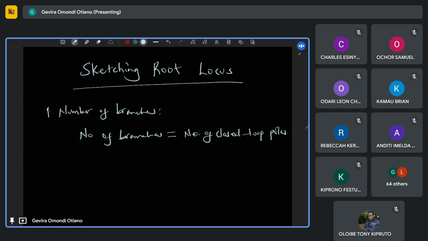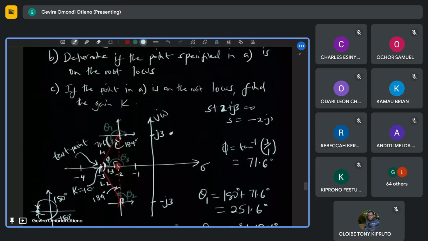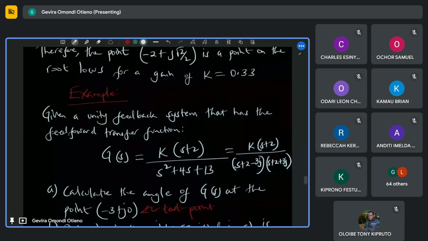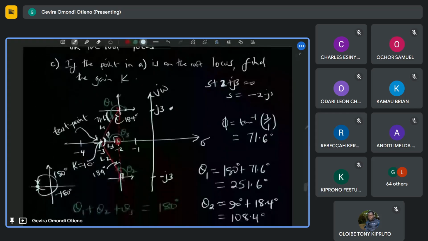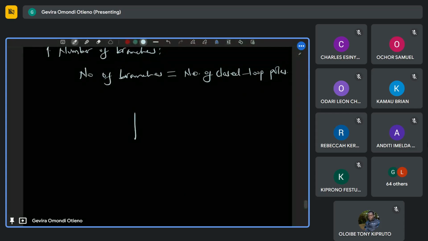Let me give you an example, because you'll be confused here for no reason. This is a feed-forward transfer function. If we were to put it on a plot, it would be here. Let me give just a quick example so that you don't confuse this point. Mostly you'll be given a transfer function.